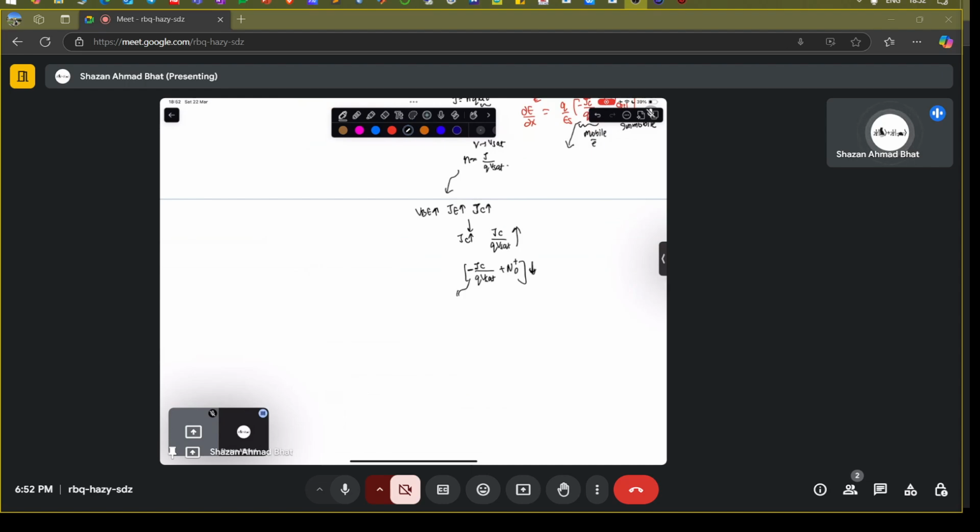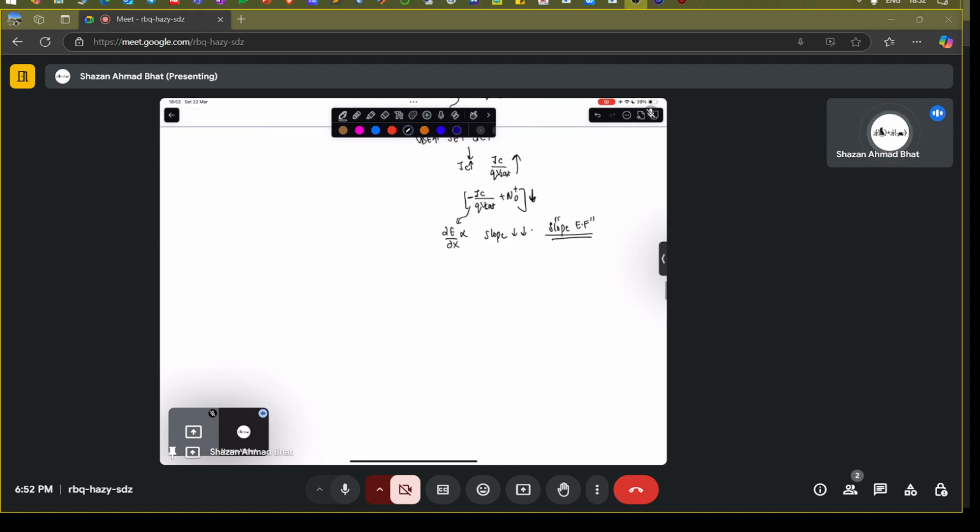If this reduces, because this is proportional to dE over dx, the slope goes on reducing. Slope of what? Slope of the electric field. If you draw the electric field profile, that will be a better way to look at it.